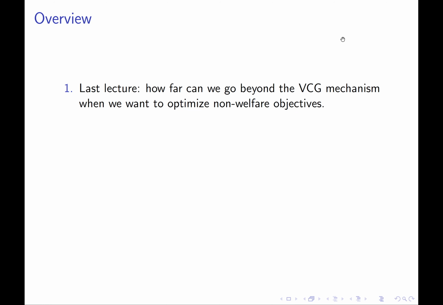And we asked last class how far we could go retaining the properties of the VCG mechanism if the thing that we wanted to do was not to maximize social welfare, but instead to optimize some other objective or to run some other algorithm. And at least in single parameter domains, we were able to completely characterize the set of algorithms that you could pair with payment rules that would make them dominant strategy truthful.